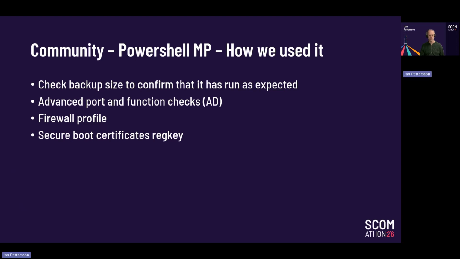Next thing, this isn't really an issue after 2025, I think, but we had a couple of servers that were running on a hypervisor, and when they booted up, they didn't really have a network connection.